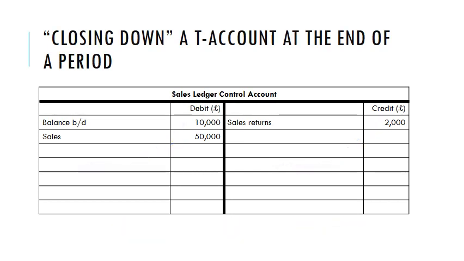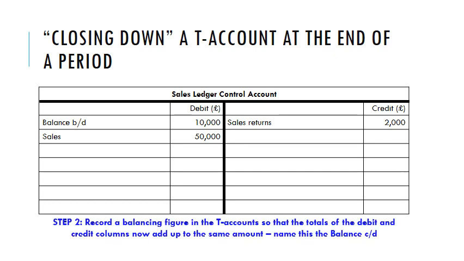The next thing that we'll do is we will record a balancing figure in that T account so that the total of our debit and credit columns will equal each other, so they'll add up to the same amount, and we'll call this the balance carried down. So with our example, we've got 60,000 on the debit side, 2,000 on the credit side, so we need a balance carried down recorded on the credit side of the T account of 58,000.